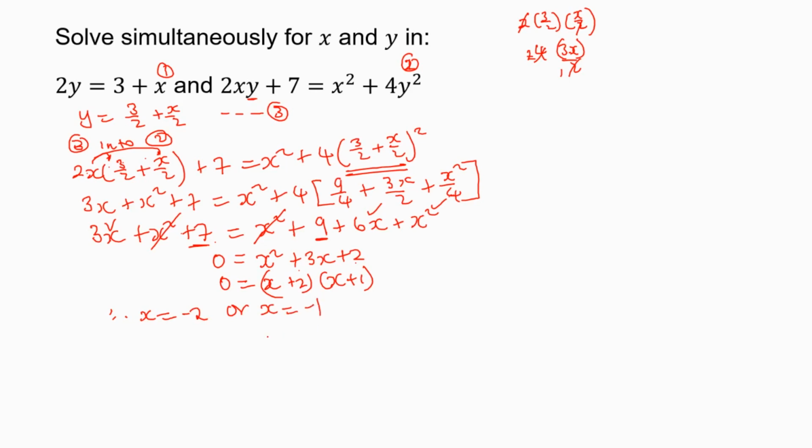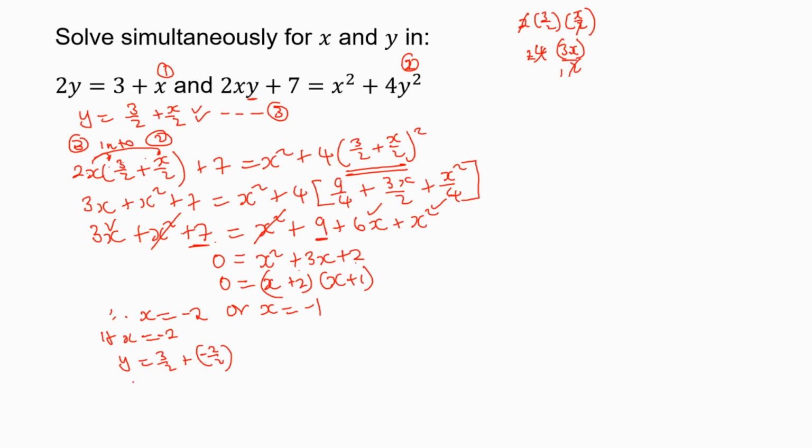Okay, did you get the same answers in the previous one? Yes. Now let's find our y values. Remember y, we are using this equation. So if x is equal to negative 2, so y is equal to 3 over 2 plus negative 2 over 2, meaning that 3 over 2 is 1.5.